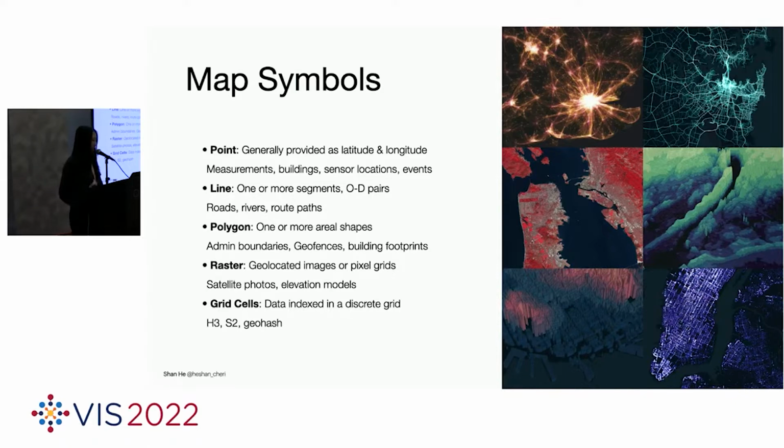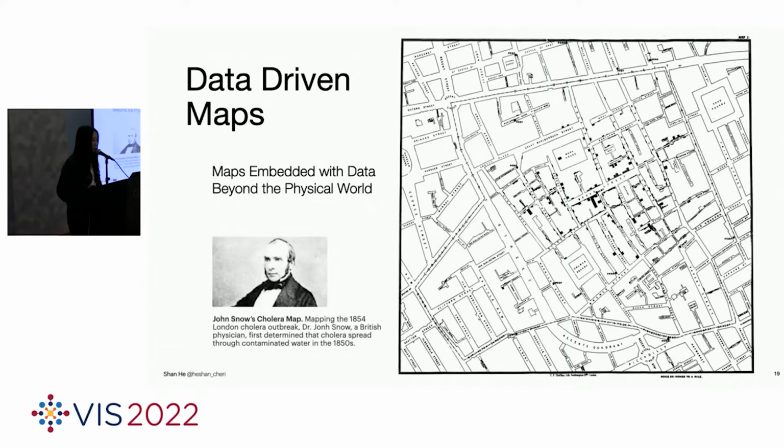Now let's go back to the fundamentals of symbols and see how they evolved throughout the years. The very first map drawn using symbols was by John Snow. It's the famous John Snow cholera map.